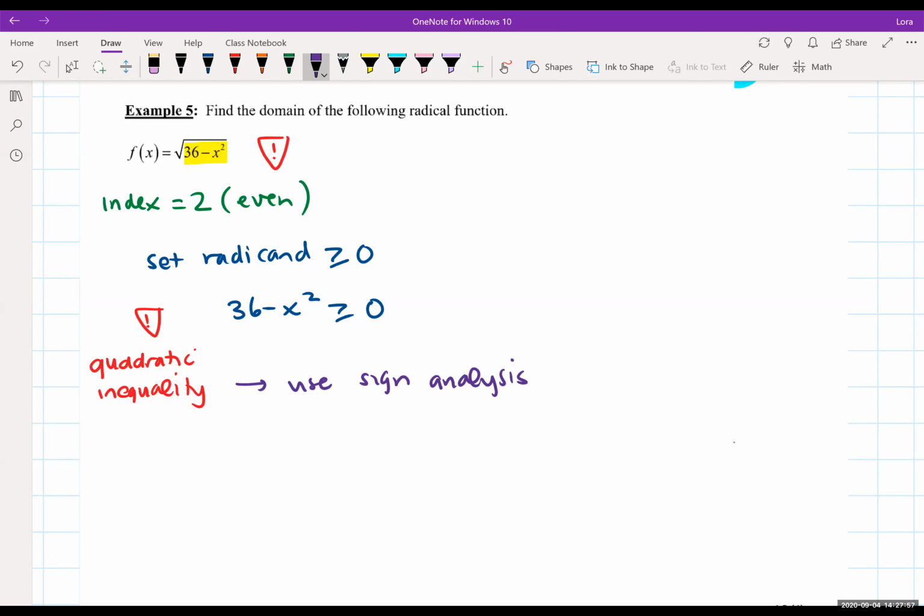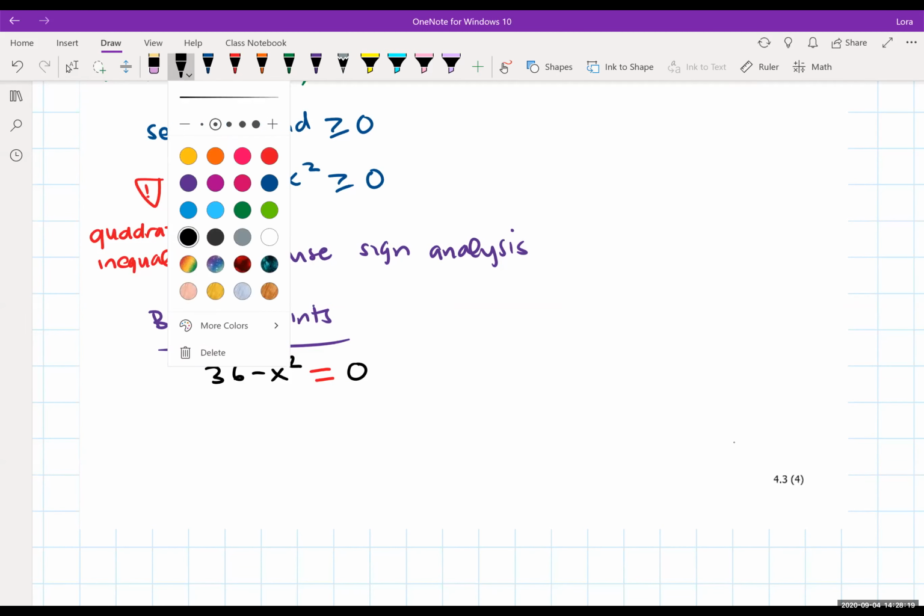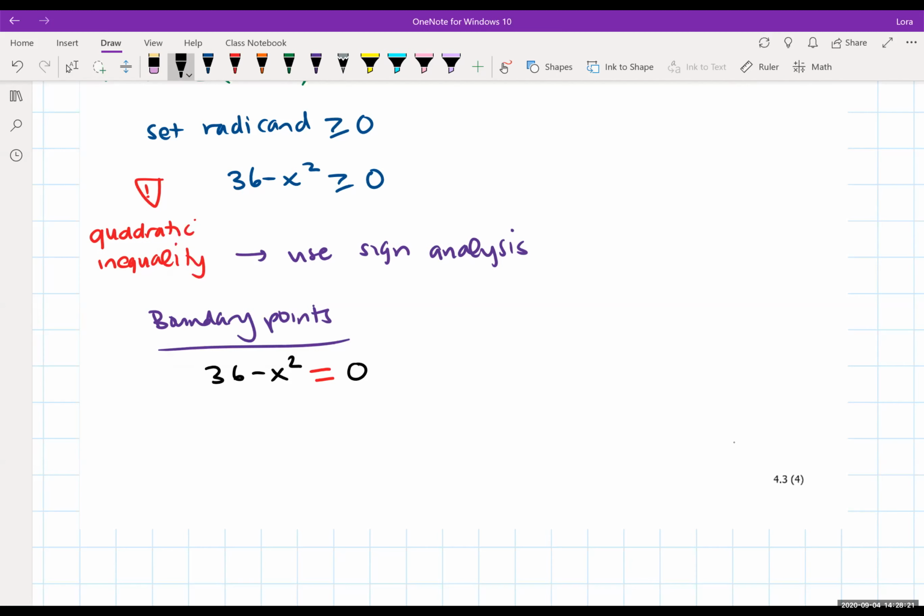The first thing I need to find is my boundary points. That's found by taking the inequality and replacing the inequality symbol with an equal sign. Now we have a quadratic equation, and we can see if it factors. I see x squared, and I see that 36 is a perfect square, so it's going to be a difference of squares.